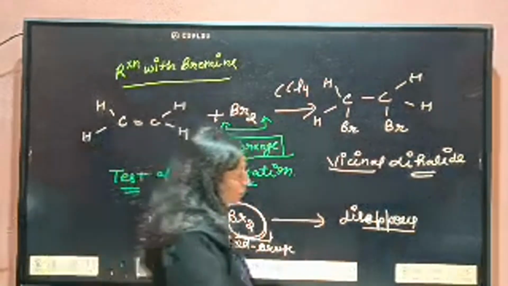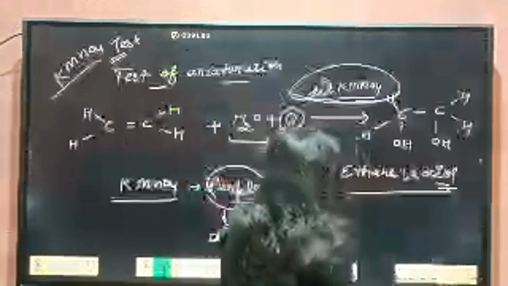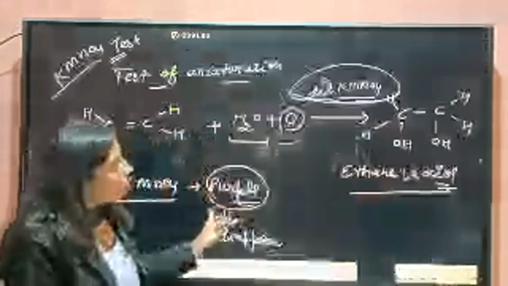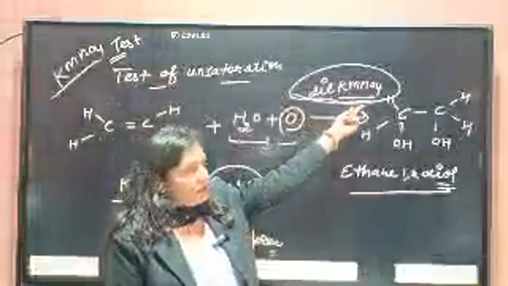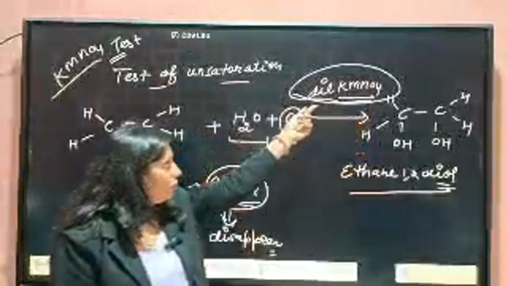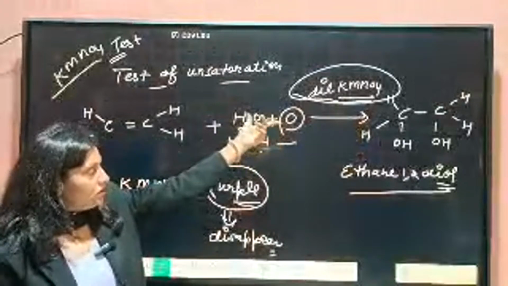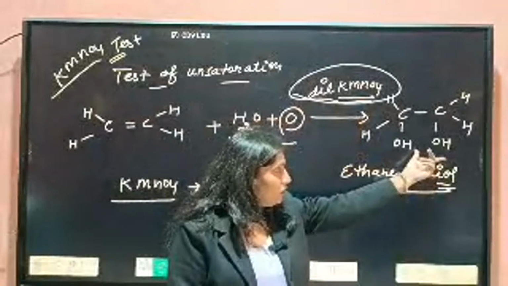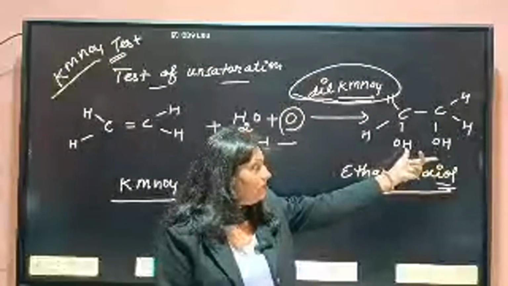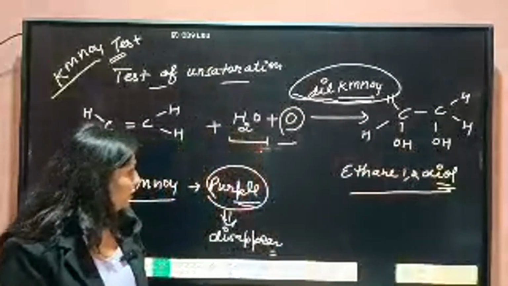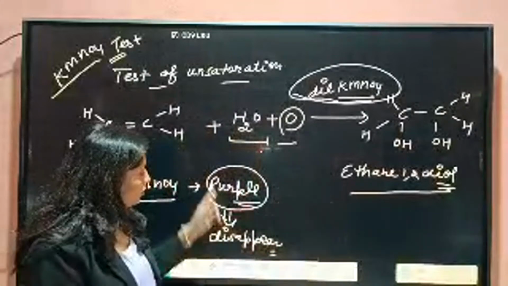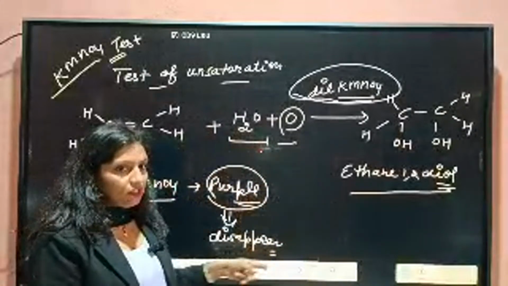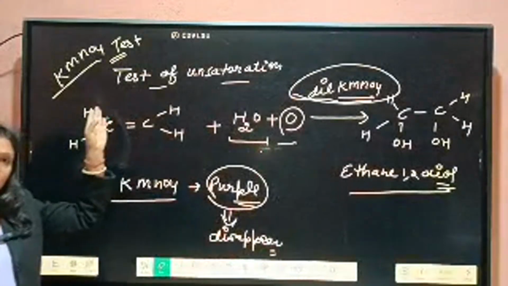Clear? One was KMnO4. It is also a test. If we have dilute KMnO4 and you want to do oxidation, then what will happen? You will get vicinal alcohol. If the purple color of KMnO4 disappears, it means we have an unsaturated compound.